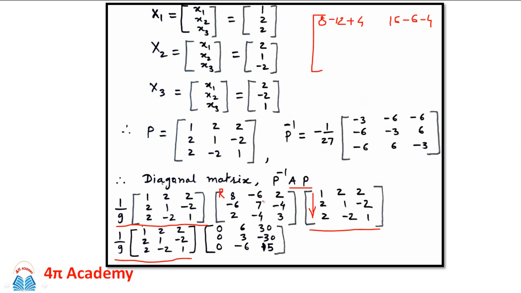Then for the third element it will be 8 into 2, that is 16. Then minus 6 into minus 2, that is plus 12, and 2 into 1, that is 2.